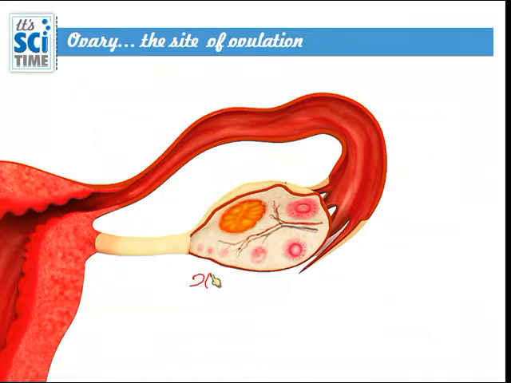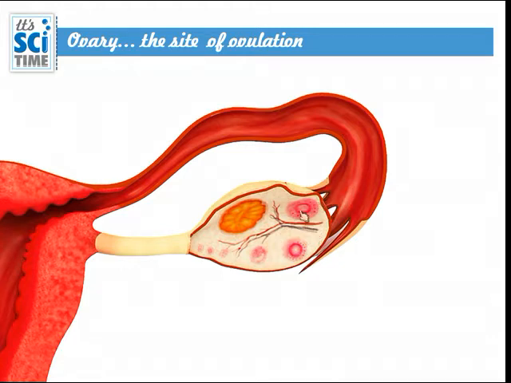And once an ovum is released by the ovary, it can be sucked into the fallopian tube. This fimbria part takes it.